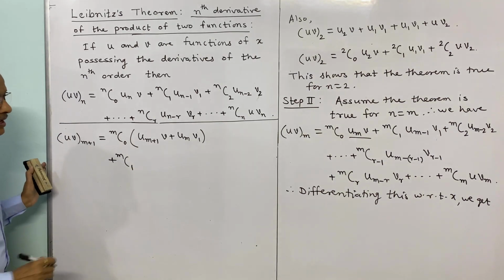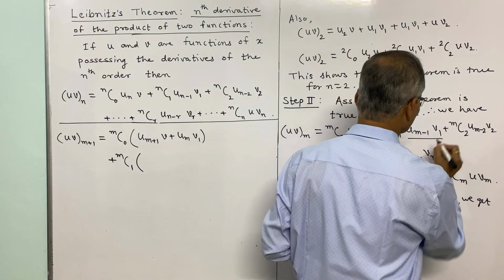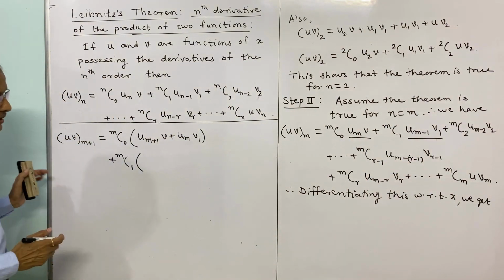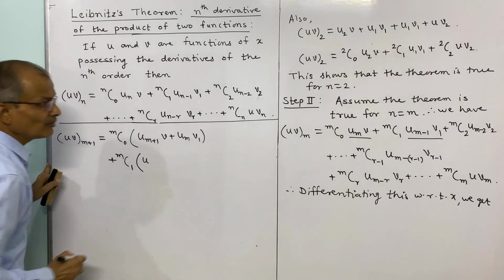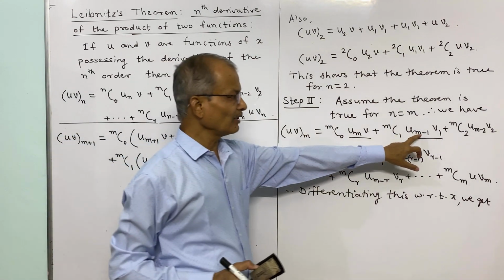m choose 1, and in brackets use now the product rule for this. It will be the derivative of u_(m minus 1), and that is the mth derivative. The order of derivative will be increased.